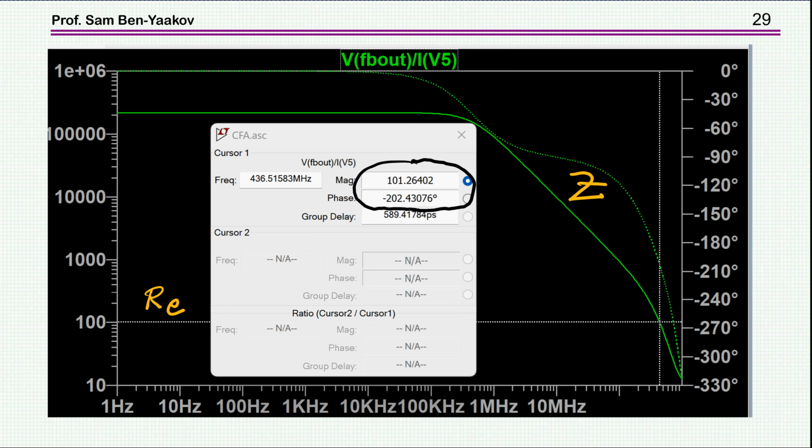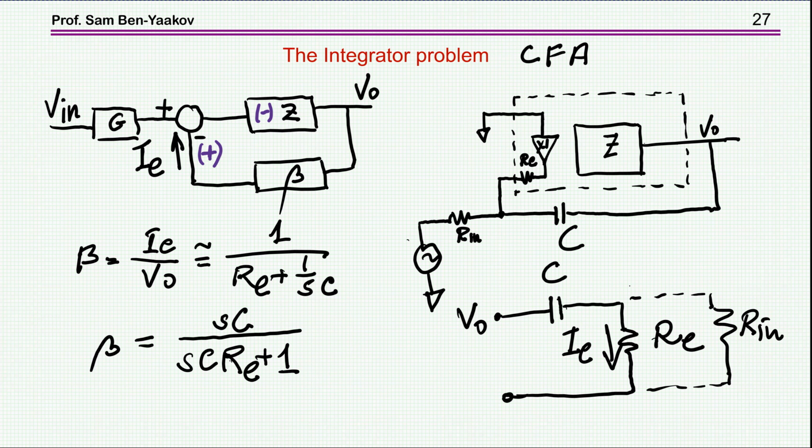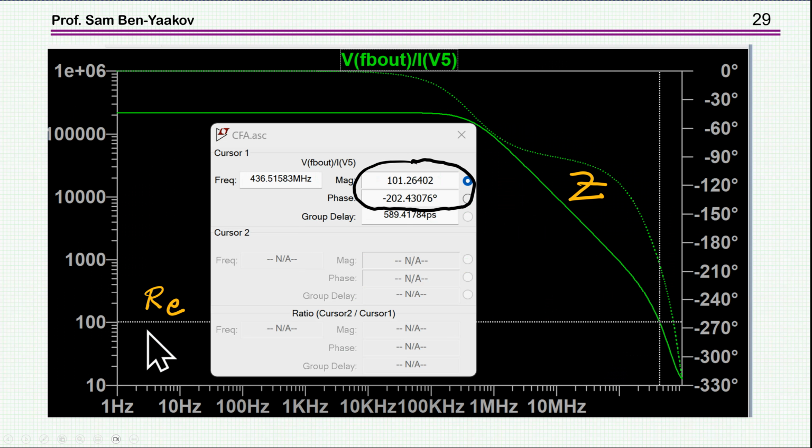So this means that the basic integrator with the CFA is unstable. And again, this is because the impedance of the capacitor becomes very small. So the current here is basically V out over RE, and this is at a very low level here. So we are crossing the Z curve at the point at which the phase margin is just too bad.